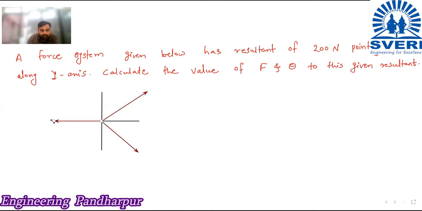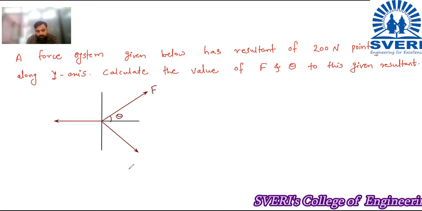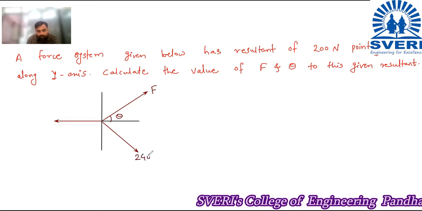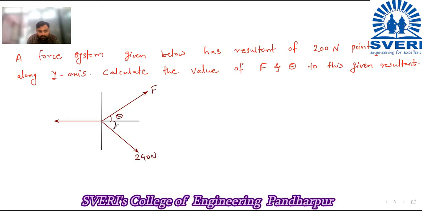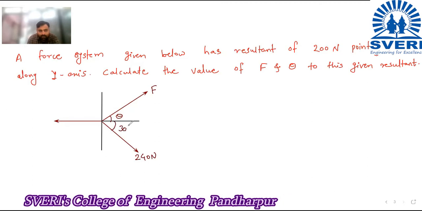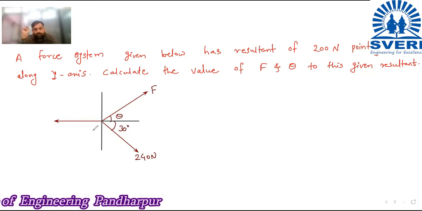It is acting like this, and now I will write the magnitude. This force is F. This angle is theta. So we need to calculate the value of this F and theta. Then this force is of 240 Newton. And this angle it is given as 30 degree. This diagram is already given to you. So this is the given diagram.